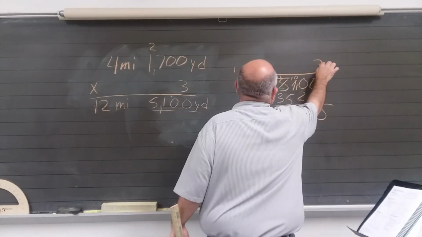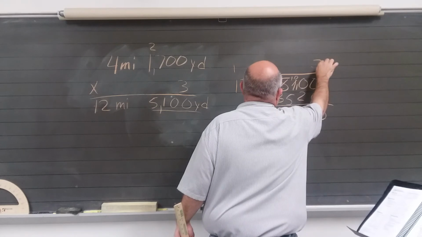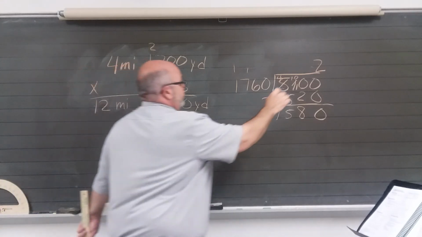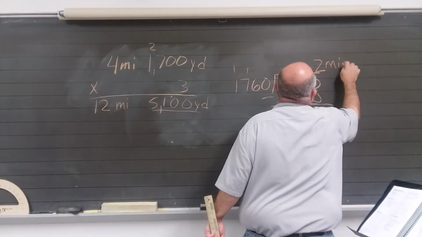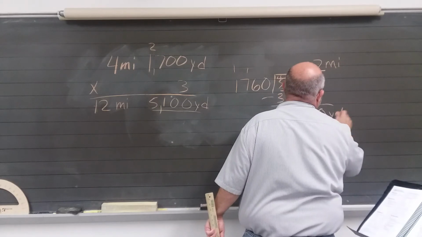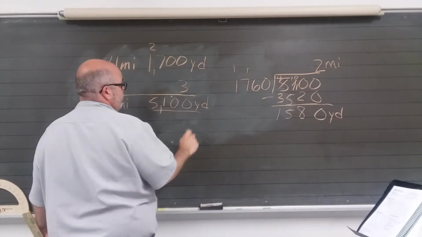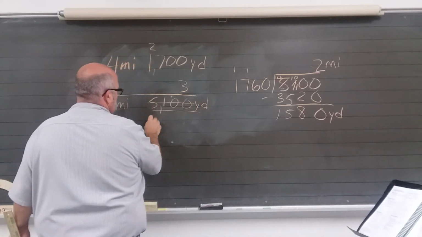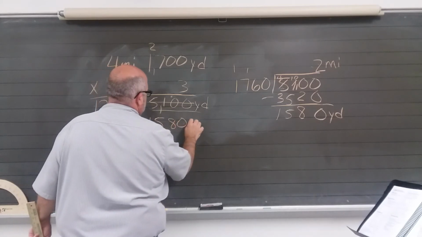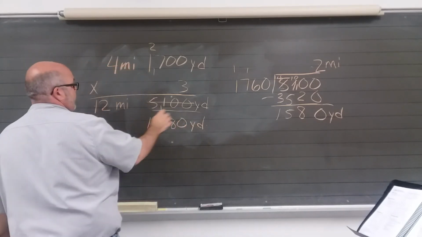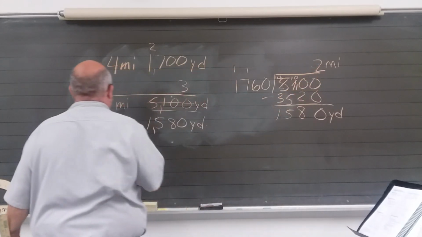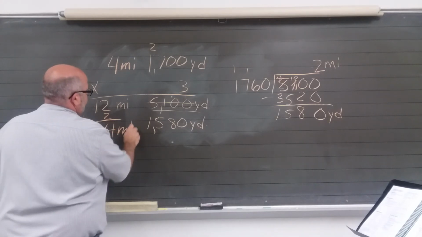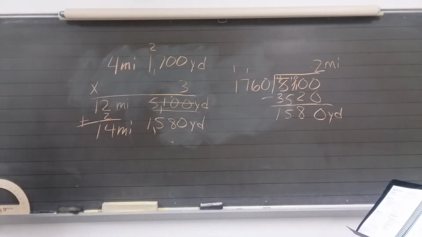Okay, so the number up top is added to miles. That's how many miles. And your remainder is yards. So you're done with this now. Your total yards is 1,580 yards. And you add 2 miles, giving you 14 miles, 1,580 yards.